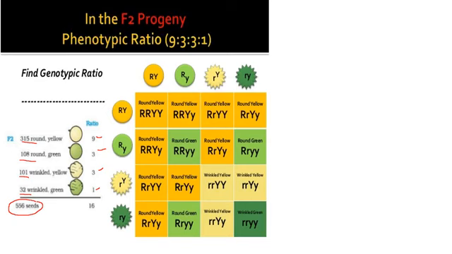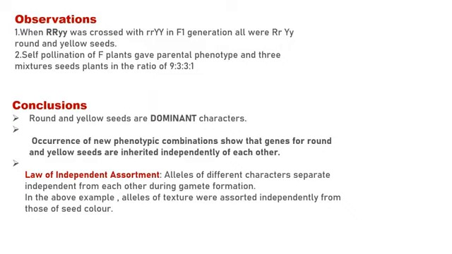Now let's see the observation of Mendel's dihybrid cross. What we have observed in the first filial generation, all the plants were having round and yellow seeds. In the second filial generation, to his surprise, he got 3 different types of combination of seeds, that is round and green, wrinkle and yellow, and wrinkle and green.